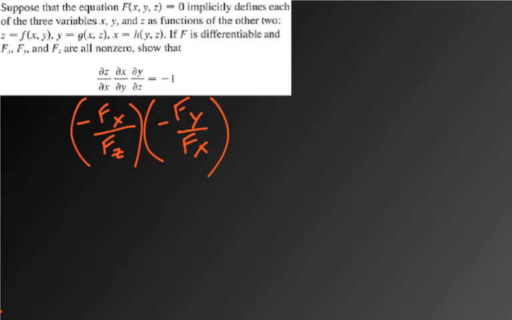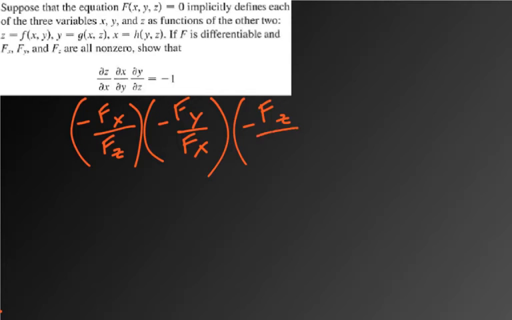F with respect to x, like capital F, over capital F with respect to z. And then partial of x with respect to y would be negative capital F of y over F with respect to x. And then the last one, again, just implicit function theorem.